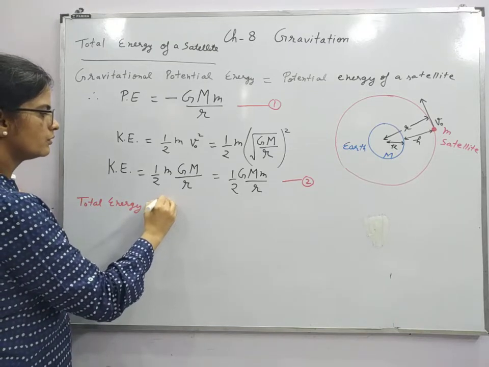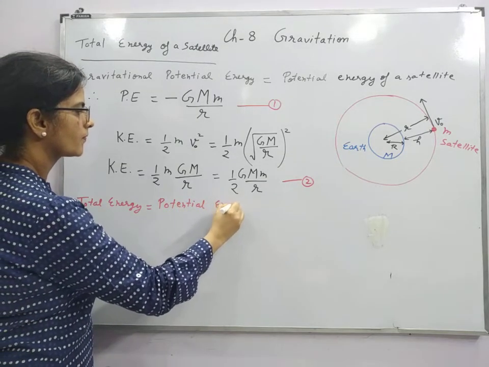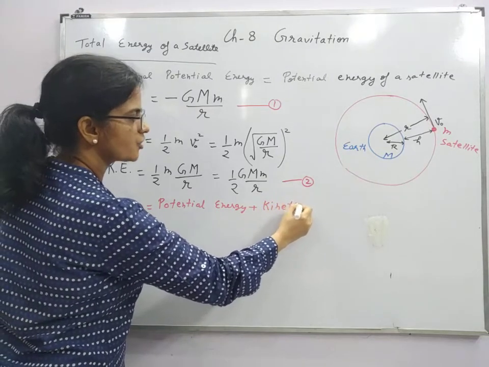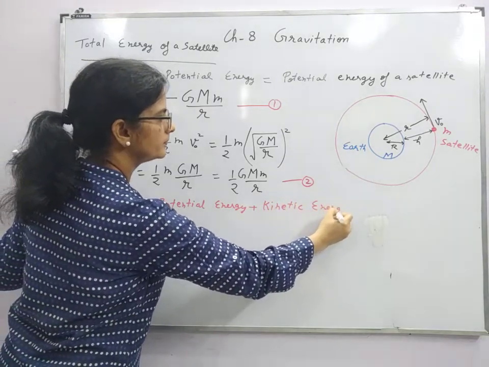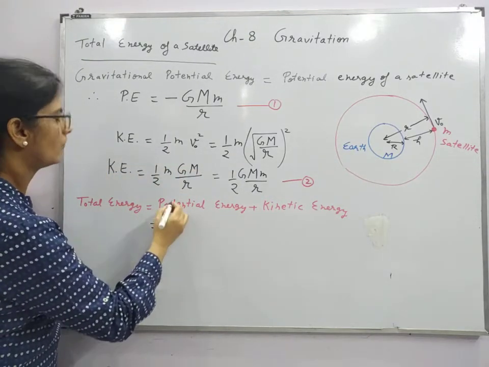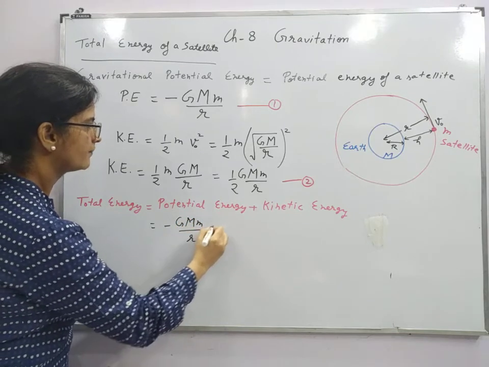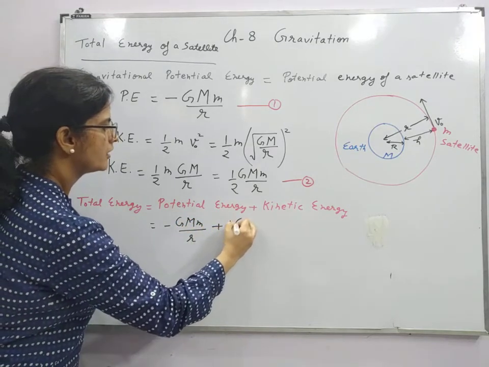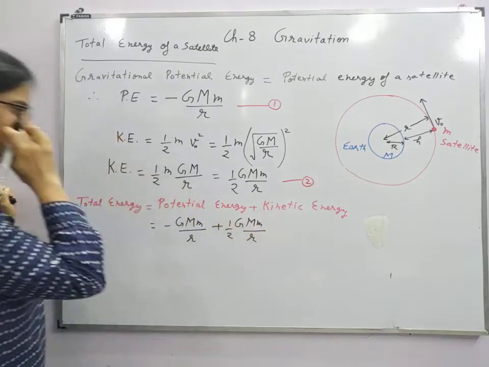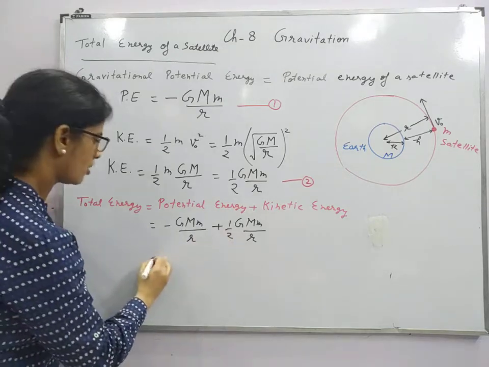is equal to potential energy plus kinetic energy, and this can be written as minus GMm upon r plus half GMm upon r. I can take this GMm upon r common.